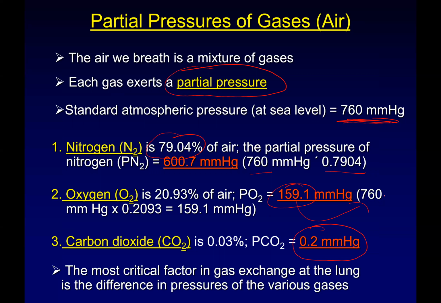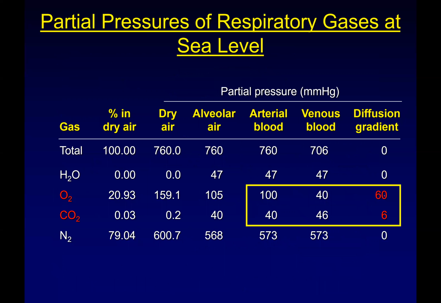Conversely, we want the partial pressure of carbon dioxide to be higher in the capillaries than this 0.2 that it is in the lungs. That would then allow it to be able to move. And remember, because carbon dioxide is so soluble in water, it's much easier for it to move if we have very small partial pressure gradients.